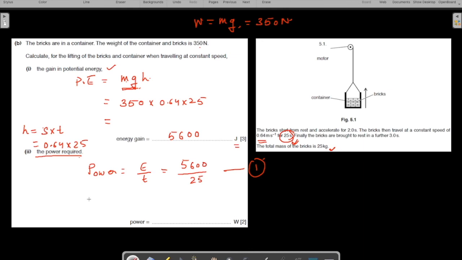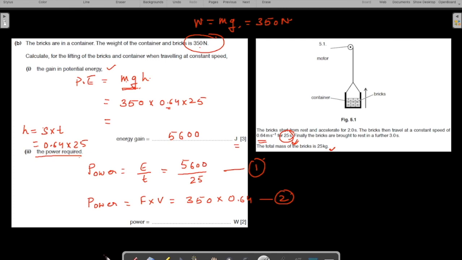Another way of doing this question is power is force multiplied by velocity. What is the force? Force is the weight, which is 350, multiplied by the velocity, which is 0.64. That's another way. So whichever formula for the power you are using, energy over time, or work done over time, or force times velocity, you should be getting the same answer.